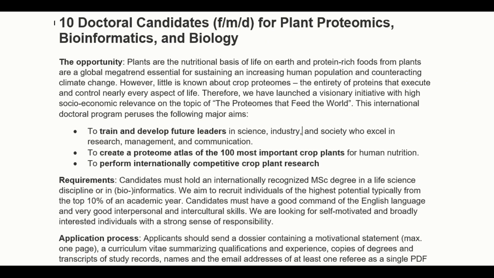Now you have the things. If you belong to this field, you have done your masters in molecular biology, biotechnology, bioinformatics, or biology, and you have relevant experience in plant proteomics, that can be bioinformatics or biology, then you should apply. Otherwise you are wasting your time.